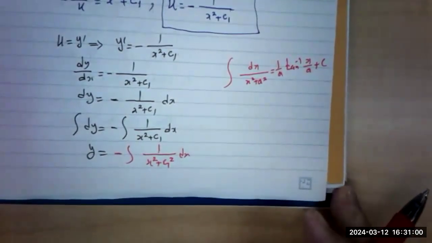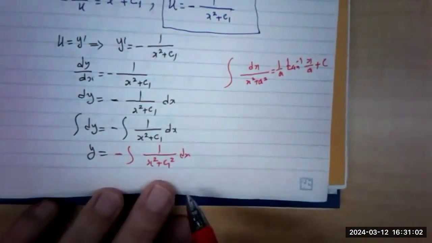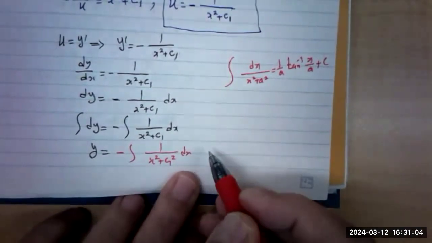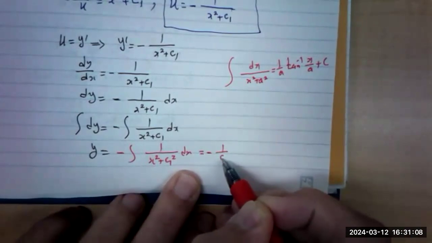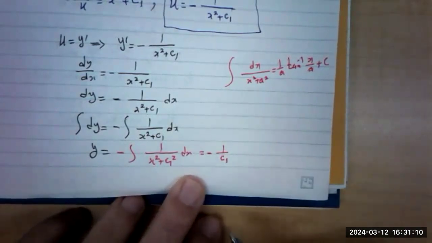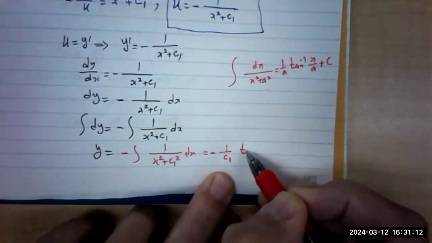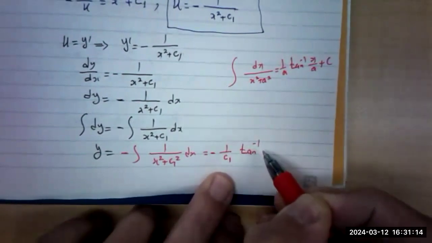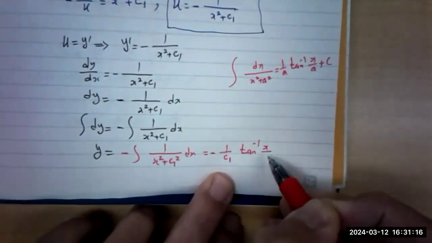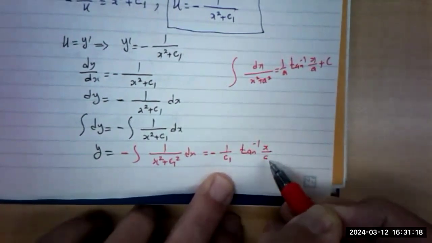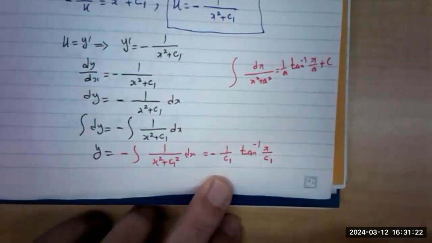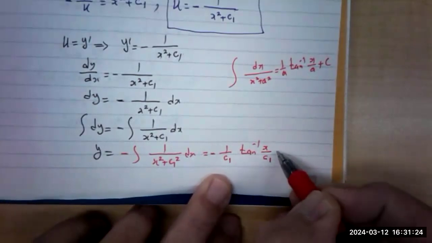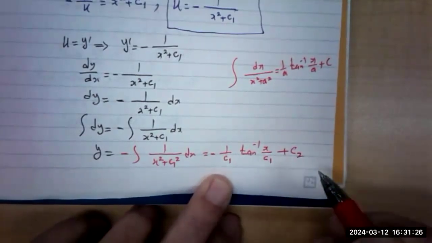So using this formula, that would give us negative 1 over c1 tan inverse of x over c1. Now you have a new constant, and you can call it c2, so plus c2.